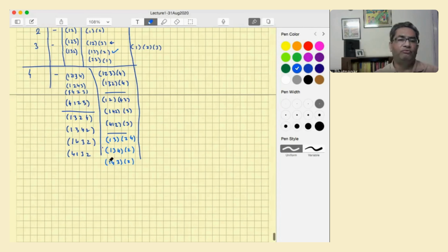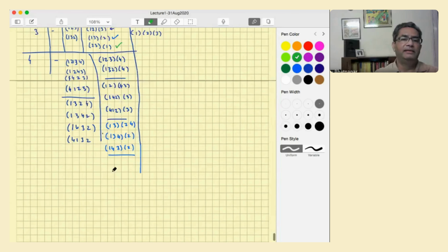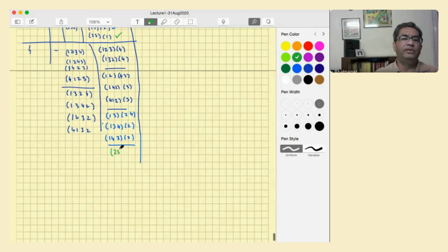So if I put a 4 here, it's the same as 1, 3, 4. Right? So I can choose to put before or after whichever one. And then the last one, I have 2, 3, 1, 4, 2, 4, 3, 1, and 4, 2, 3, 1.